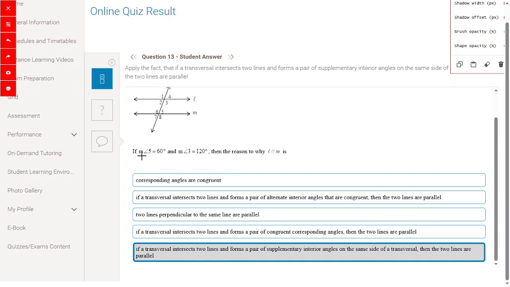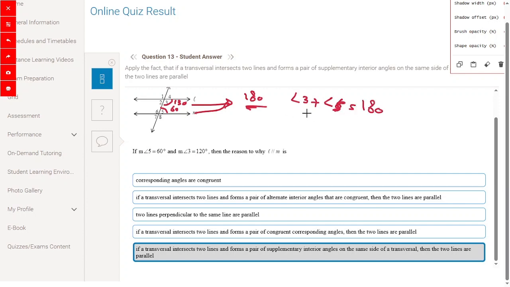Now for this figure, we have the measurement of angle 5 is 60. The measurement of angle 3 is 130. So that means these two angles are interior angles on the same side of the transversal, and at the same time they are supplementary, 180. Because angle 3 plus angle 5 will be equal to 180.